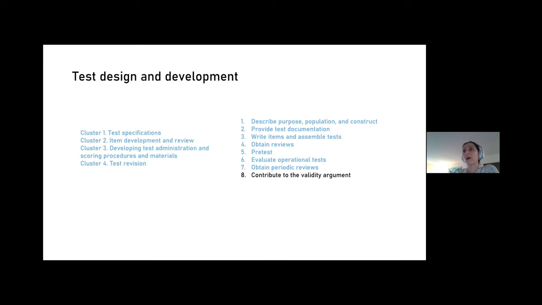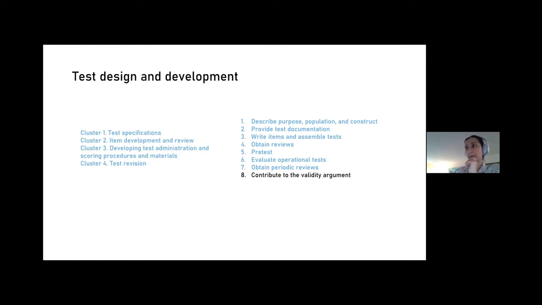Six is about obtaining periodic reviews, which is also about test revision. And as you can guess, developers are also the maintainers of the test quality. So they should periodically review the test specifications, active items, tests, and the ancillary materials to verify if they continue to be appropriate and if they comply with the current guidelines.